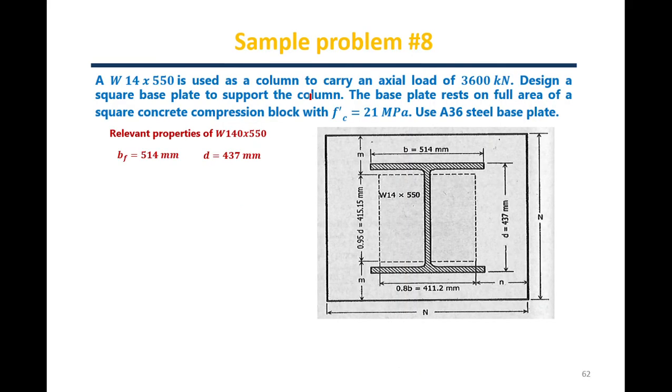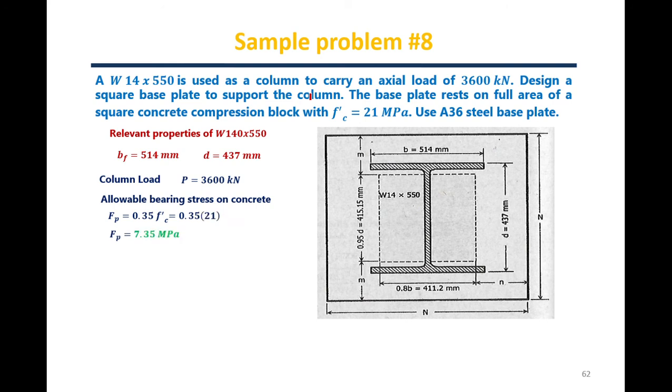Okay, so we have here the value of flange and then the value of depth. The value of load is 3,600 kilonewton. We are solving for the FP. We have to get the FC prime, 35%, so we have 7.35 megapascal for FC.